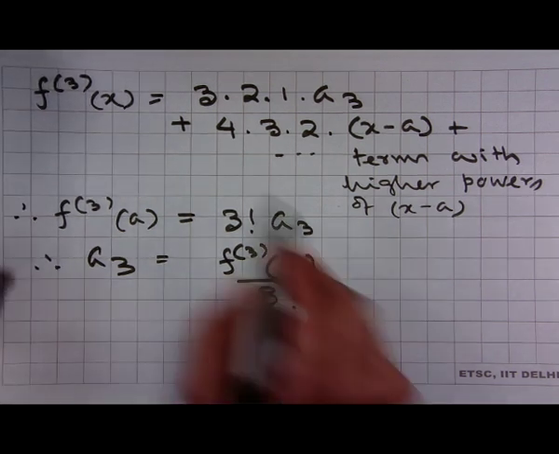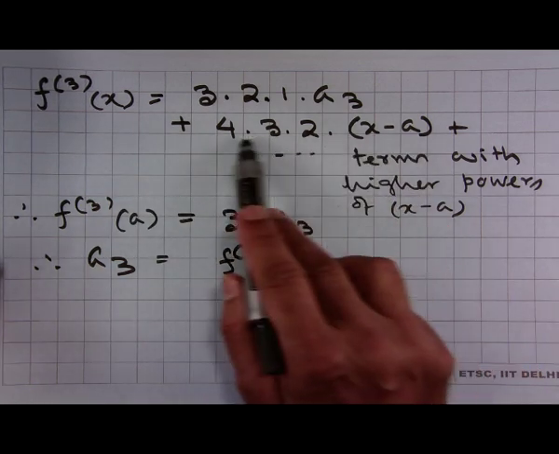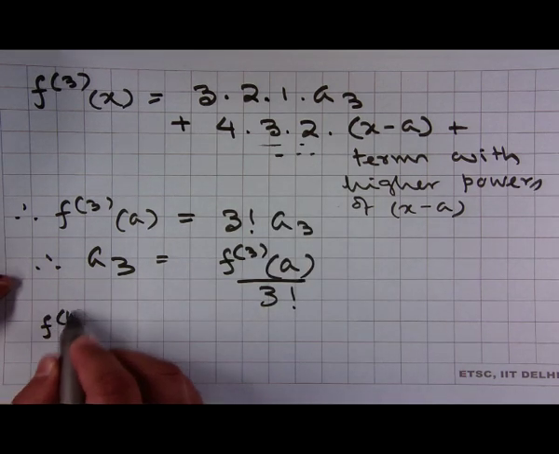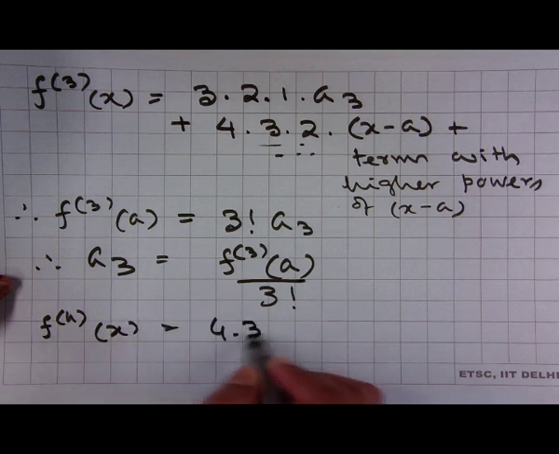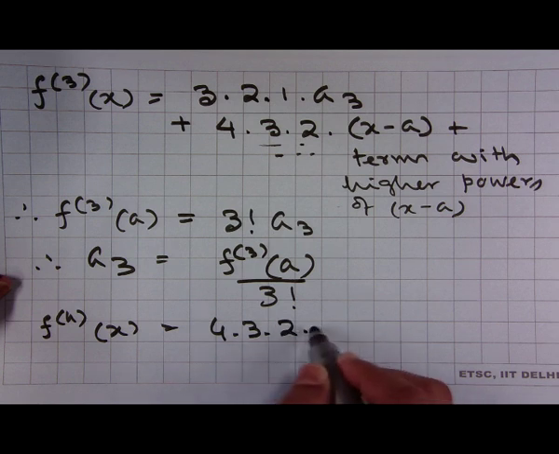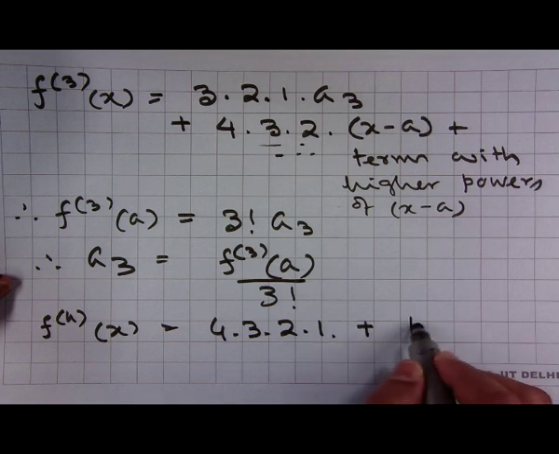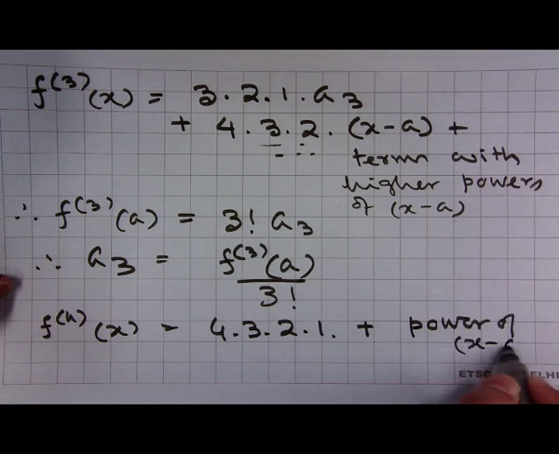In a similar way, if I differentiate it once more, I will get f⁴(x) is equal to 4·3·2·1·a4 + powers of (x − a).